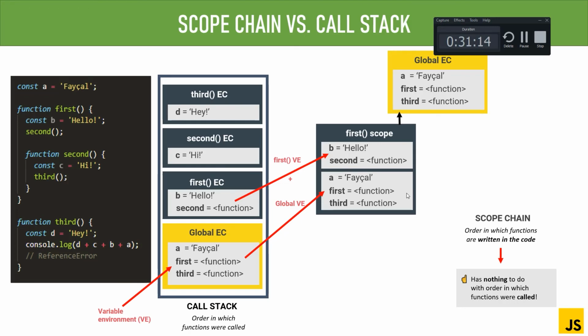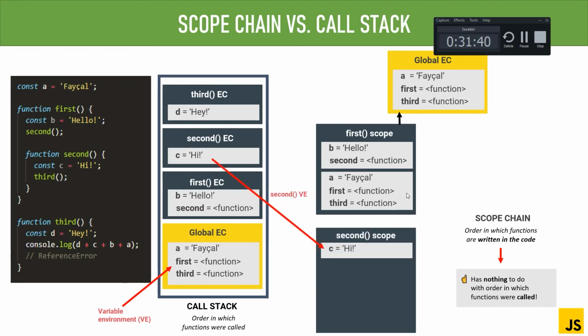The scope chain does get the variable environment from the execution context, as shown by the red arrows here, but that's it. The order of function calls is not relevant to the scope chain at all, alright? You really keep in mind. Now, moving on the second function now, once again, its scope is equal to its variable environment.